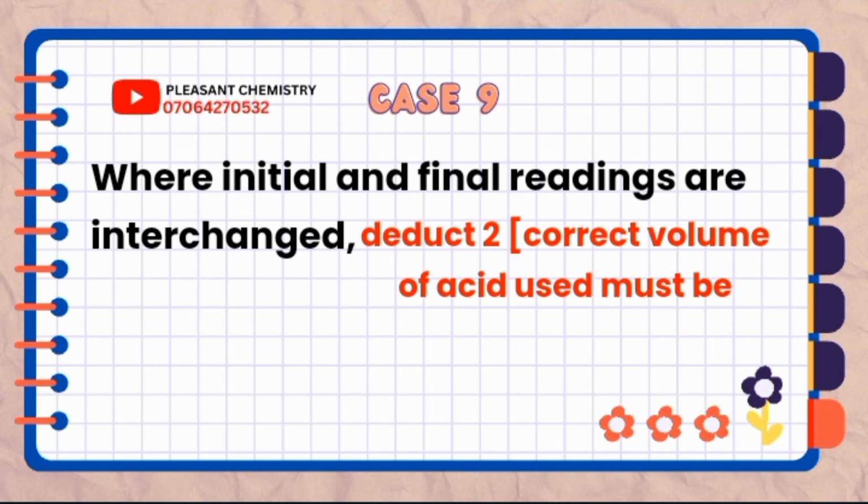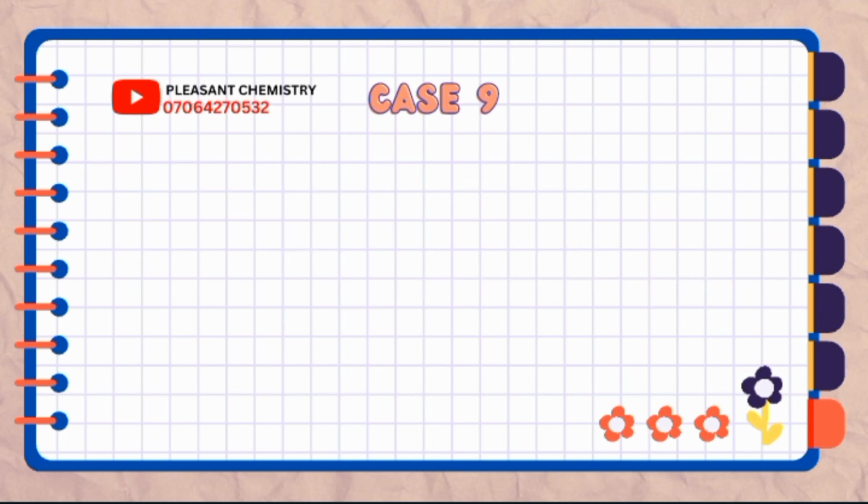Please take your time to draw your table neatly, because that table attracts 10 marks. If you do your table very well, you are going to get 10 marks. So I want to advise you that make sure your table is very neat, and you follow every process. Don't jump any process.